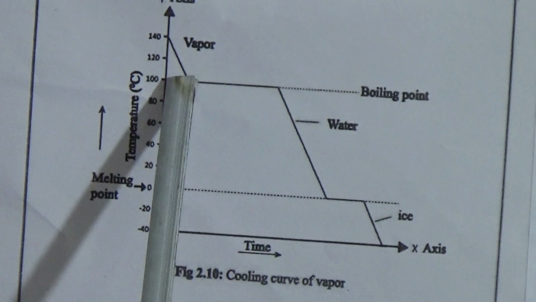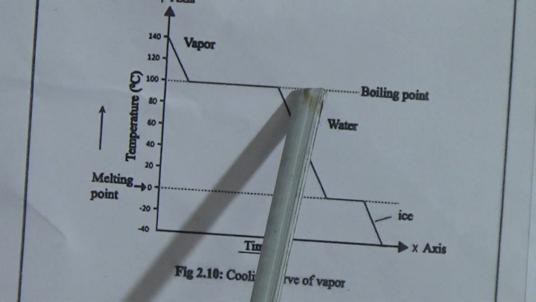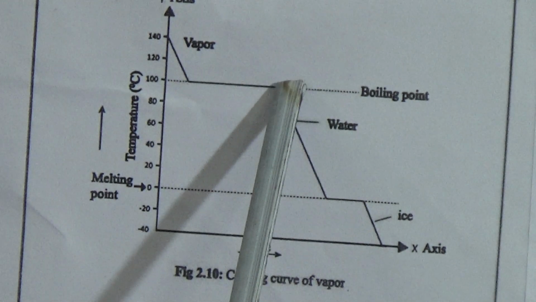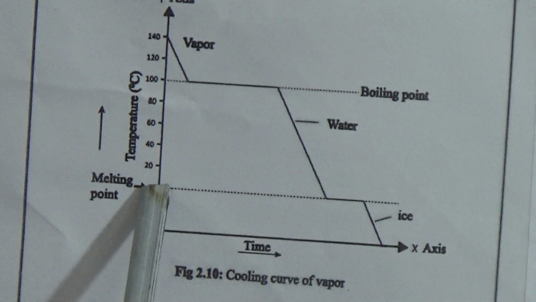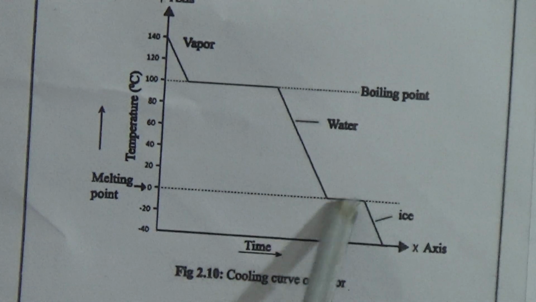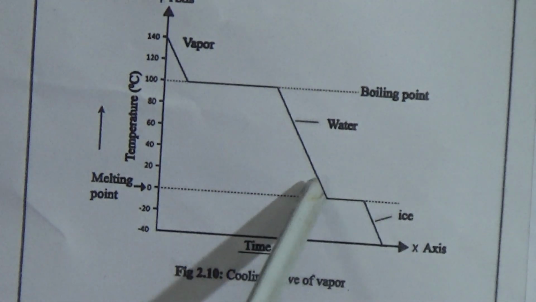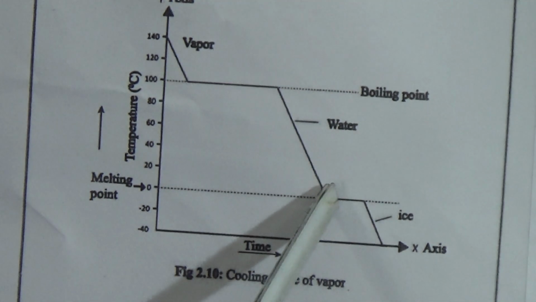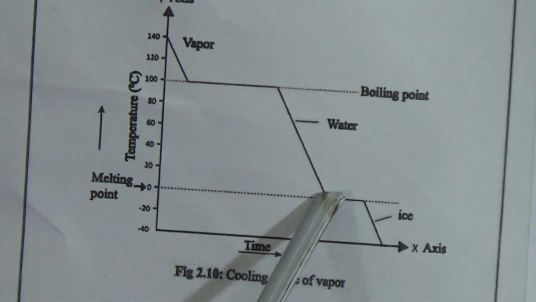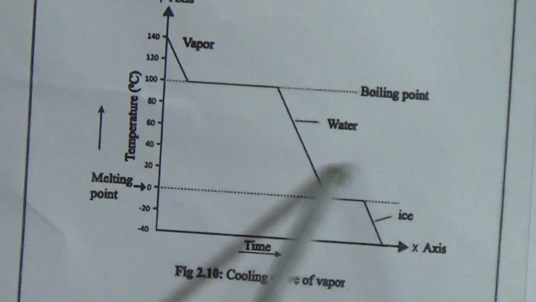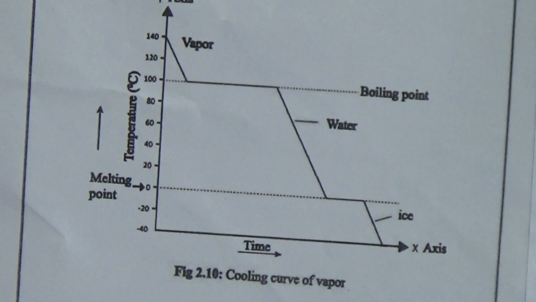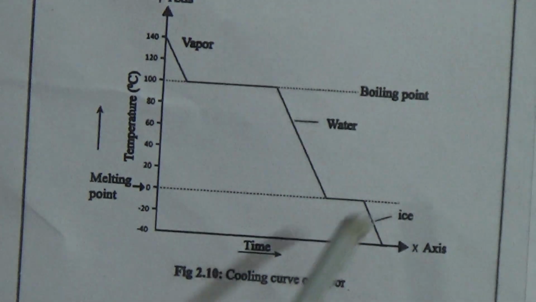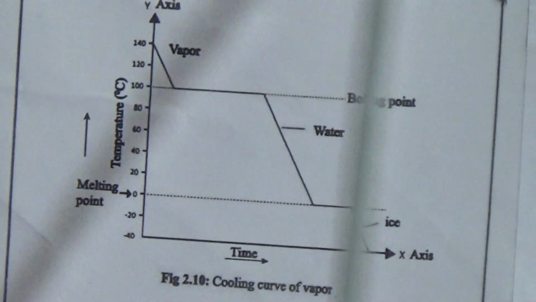At 100 degrees all vapor converts into liquid water, then if we cool it down again, the temperature of water starts decreasing, and up to 0 degrees Celsius it will decrease, and when it comes to 0 degrees Celsius, again its temperature remains constant and all water turns to ice, and then after that again it will start to decrease its temperature.